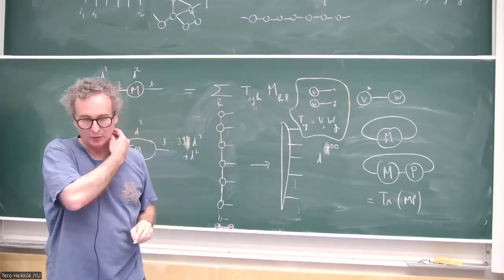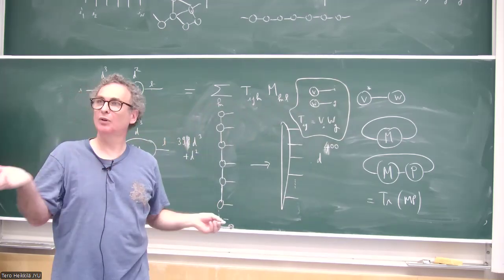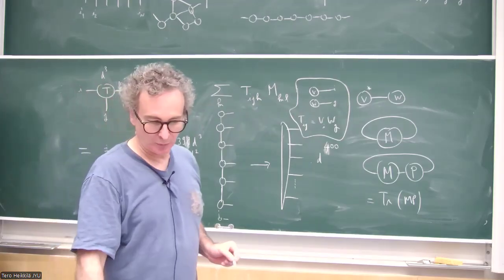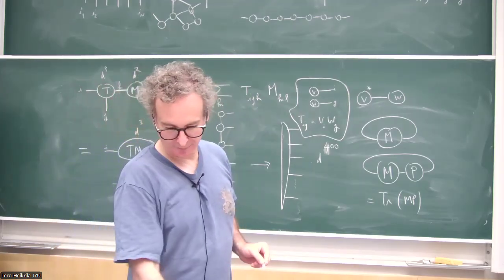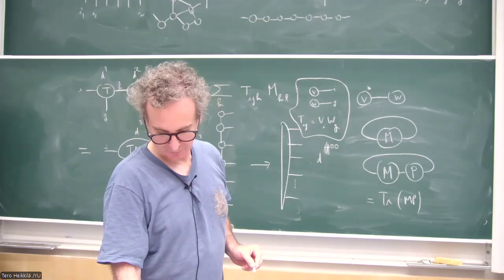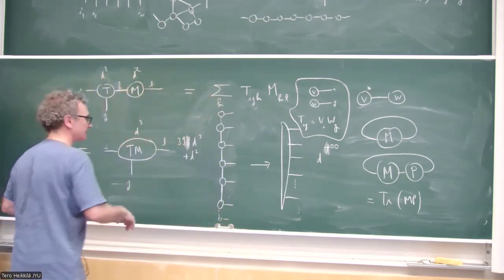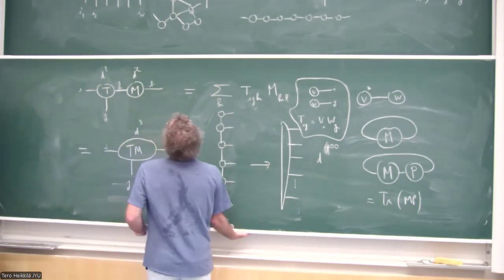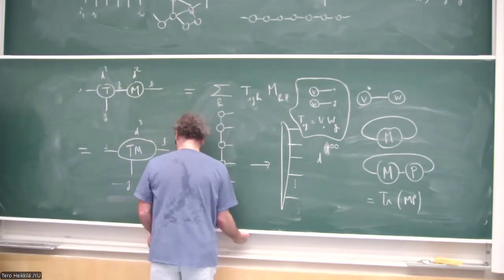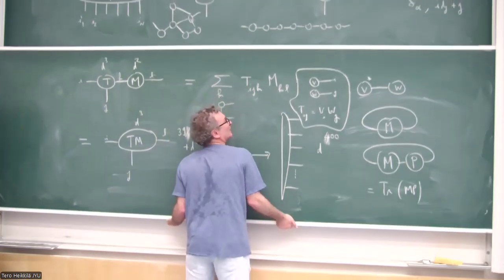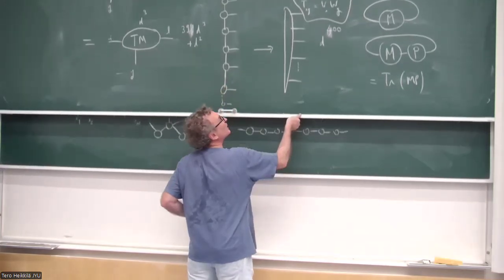Okay, so we have one of the two operations, contraction, and we need the second one, which is called factoring. Ah, no, there's one thing I need to say before.